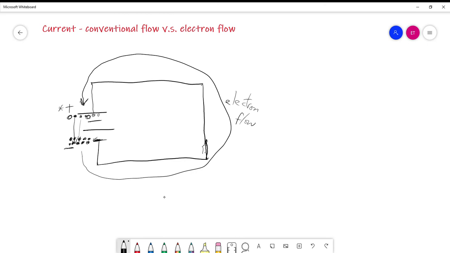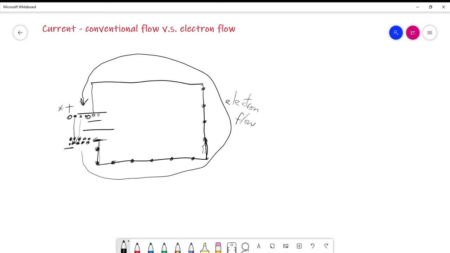The first thing we have to establish to show you how the conventional flow is happening is that this wire is not like an empty pipe. It is full of electrons. It's very important, when you're trying to understand what's happening with electrical current, voltage, and the path, to see the path as full.